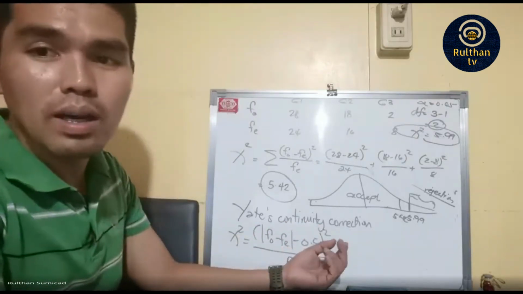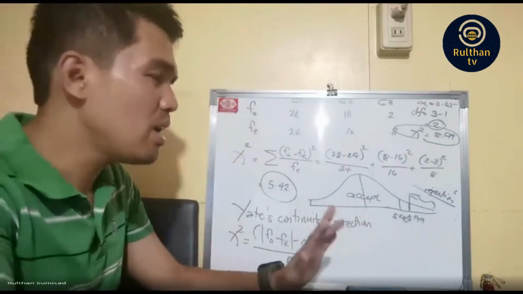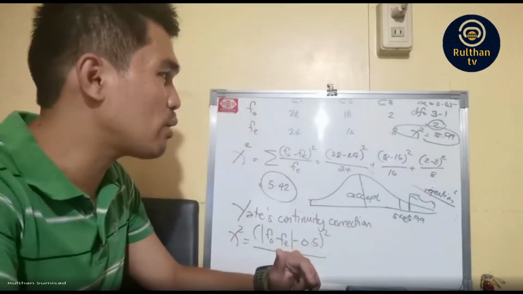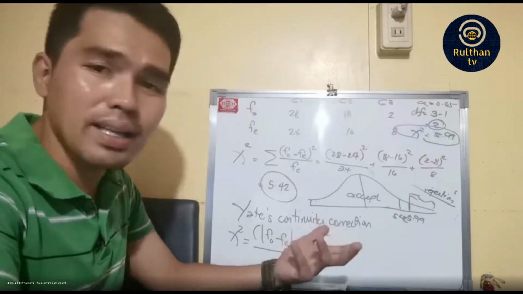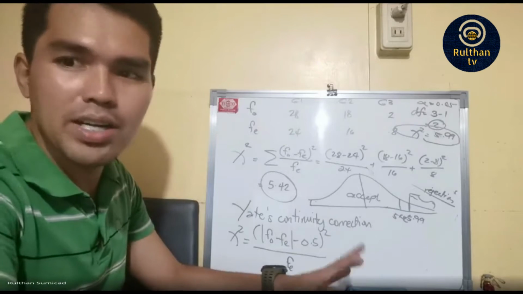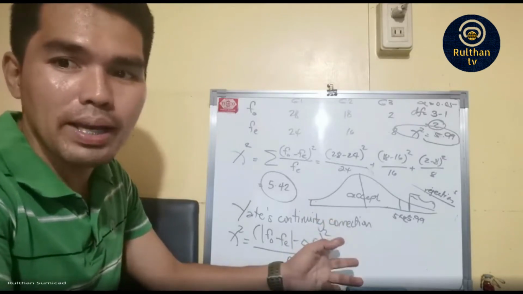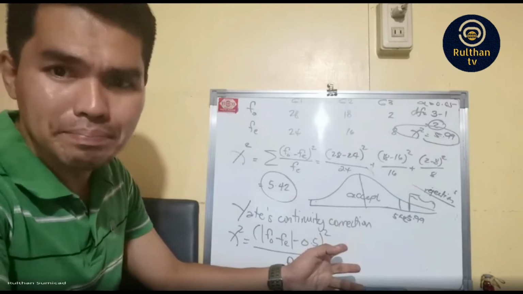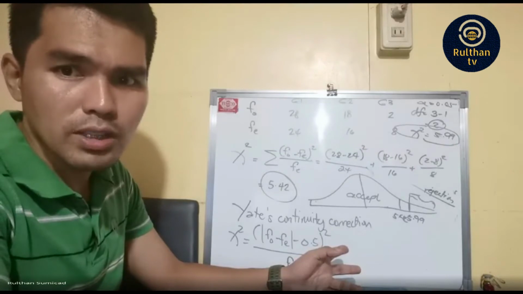This is only applicable if you have two categories and your n is not so large. There is no specific rule as to when you consider n to be large, but so long as it's not large enough, this correction applies.